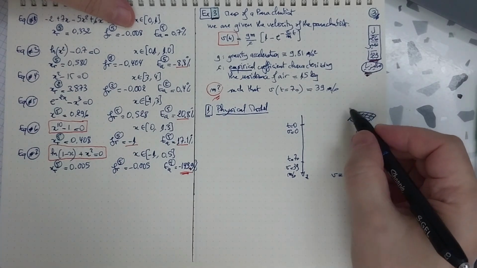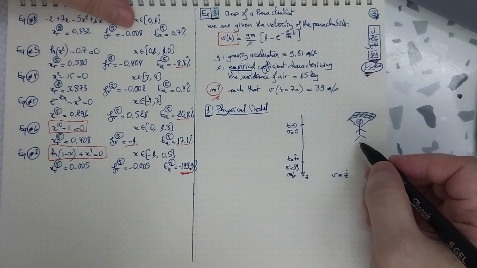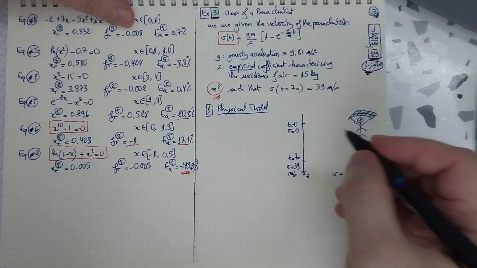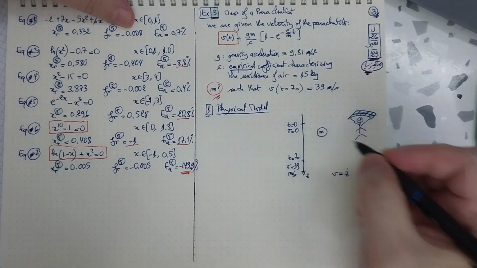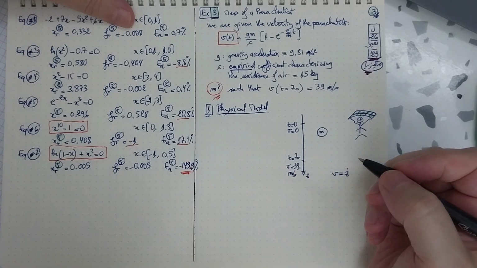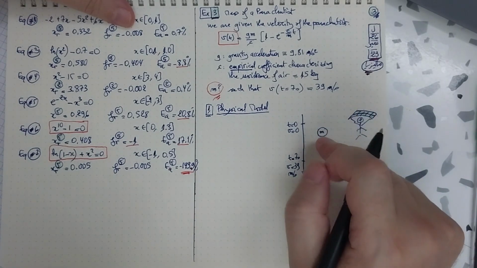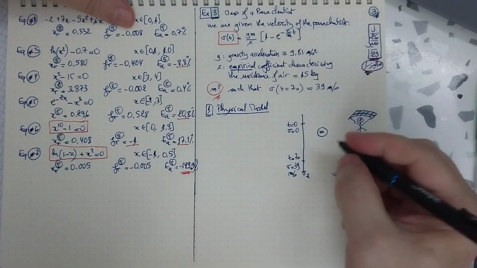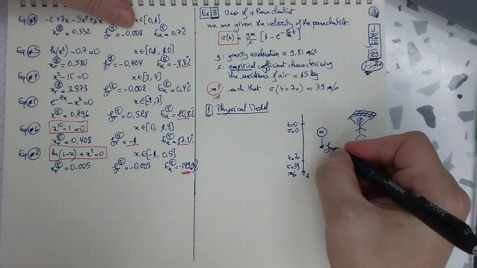So instead of studying the parachute and the parachutist, which is very complex, of course, we simplify it to a single mass M. And what kind of force is applied to this mass? Its weight, let's call it Fw.